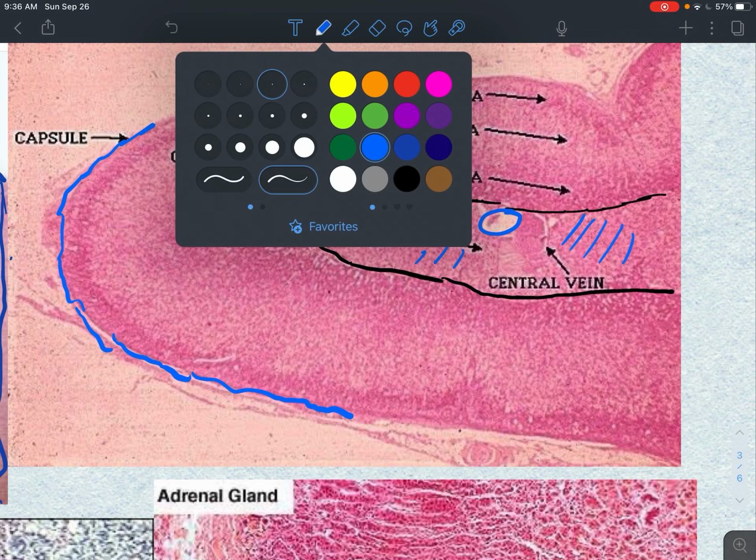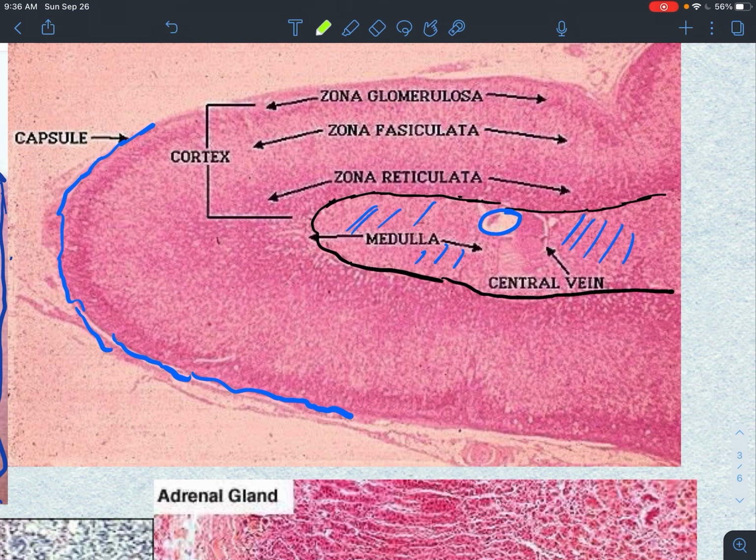So the way I would do this is, again, if the image is not clear enough to give you that glomerular, fasciculate, and reticular appearance, then imagine that the pointer is right here. Well, you can see that it's pretty close to the capsule. So if it's right there, then you would want to go with zona glomerulosa.